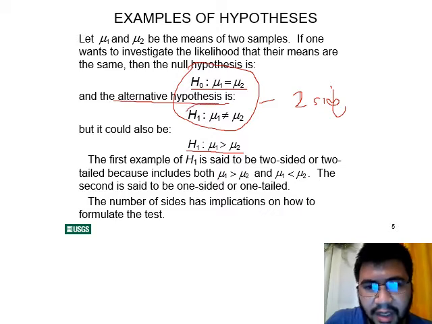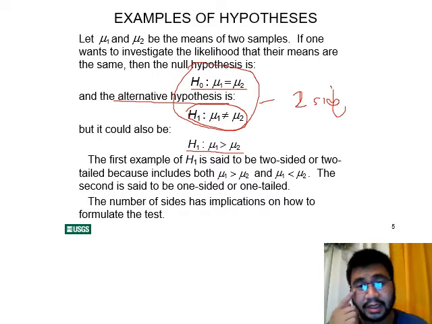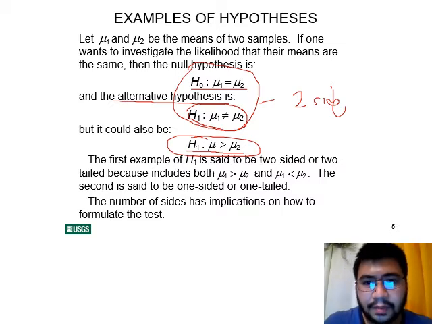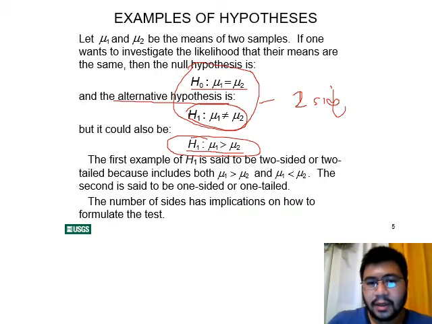So this mu1 is not equal to mu2 can basically split into two sides. Example B here is what we call a one-sided test because we only care about one side. Basically, we only care about the values where mu1 is greater than mu2.